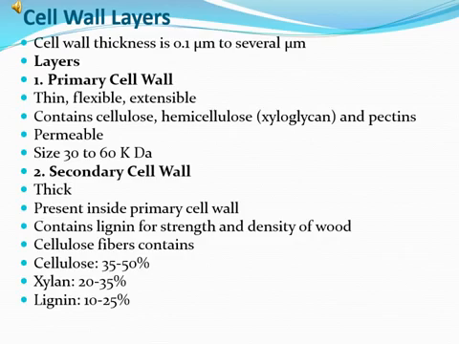Its size is 30 to 60 kilodaltons, whereas the secondary cell wall is thick and present inside the primary cell wall. It contains lignin for strength and density of wood. Cellulose fibers contain cellulose 35 to 50%, xylem 20 to 35% and lignin 10 to 25%.